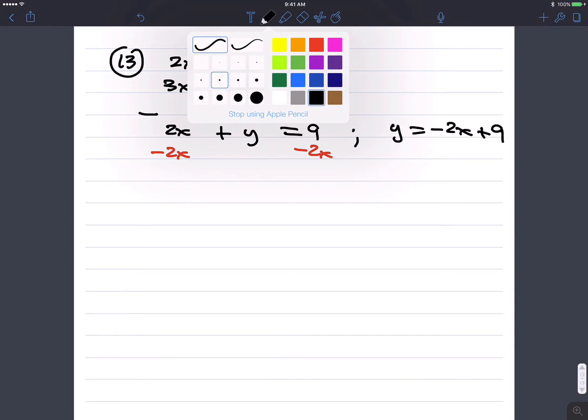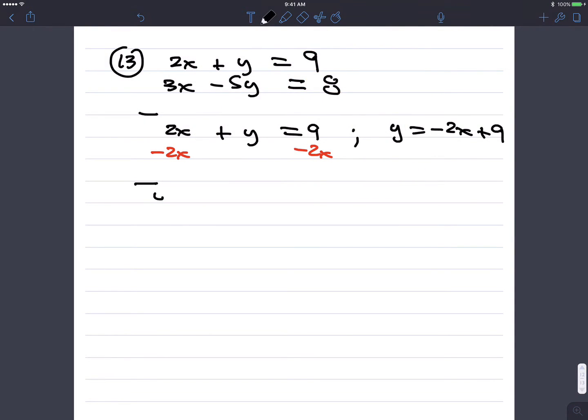Now let's write this down here. y is negative 2x plus 9 for the first equation. 3x minus 5y is 8 for the second equation. So let's check. y is negative 2x plus 9. That's my first equation.